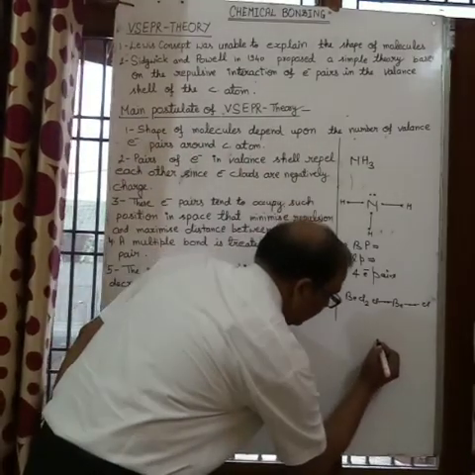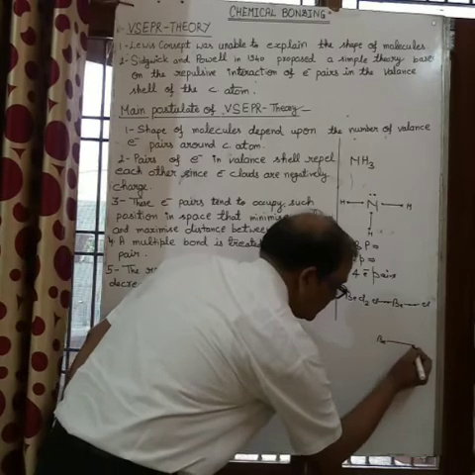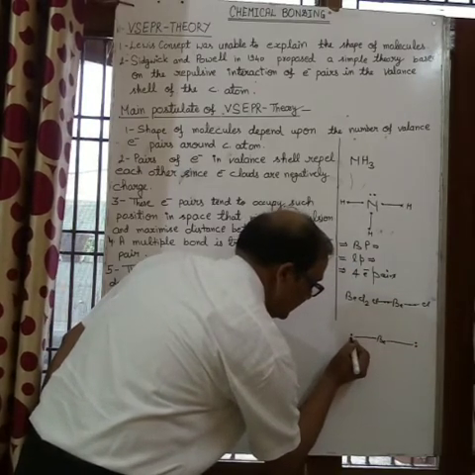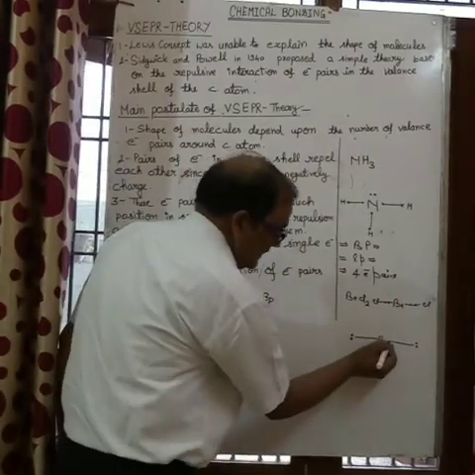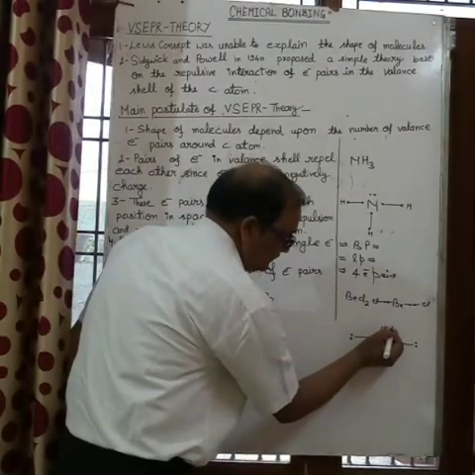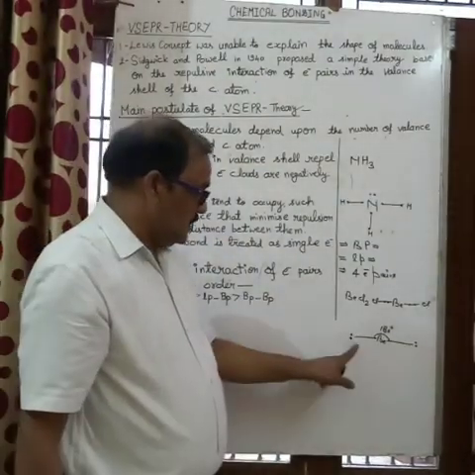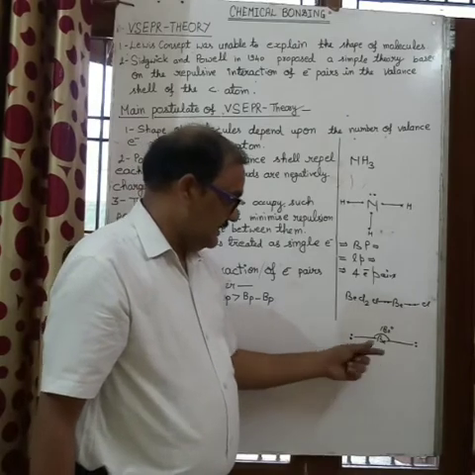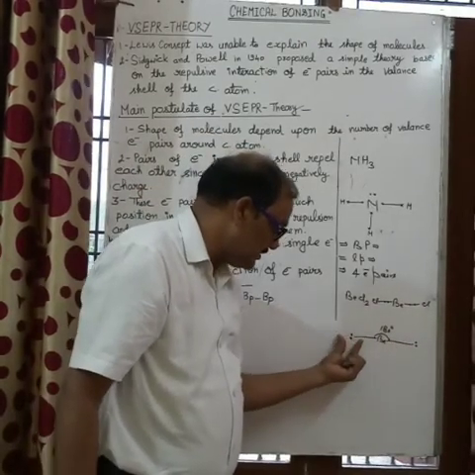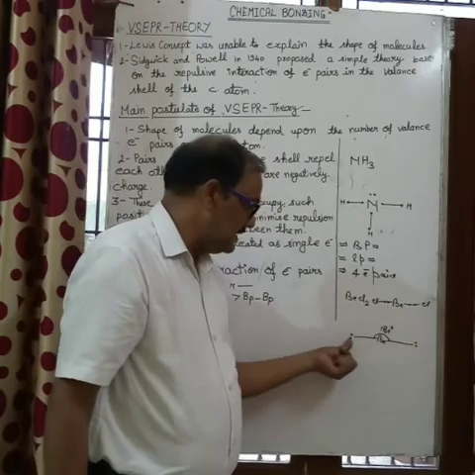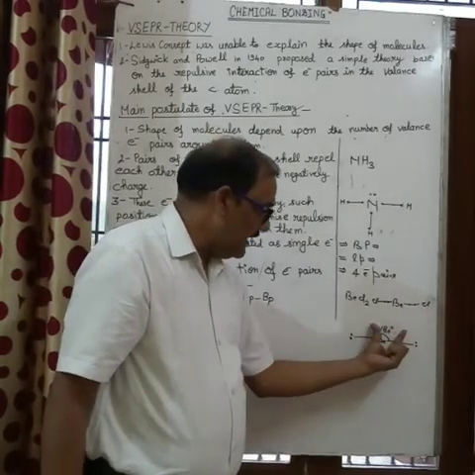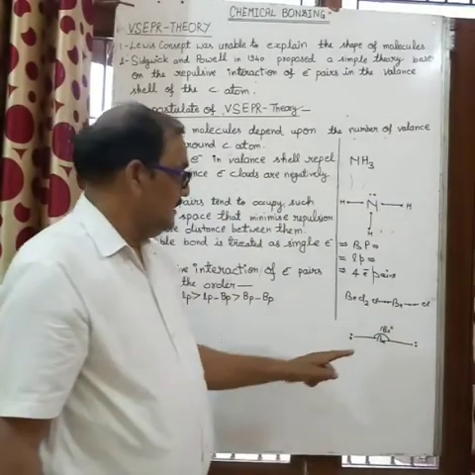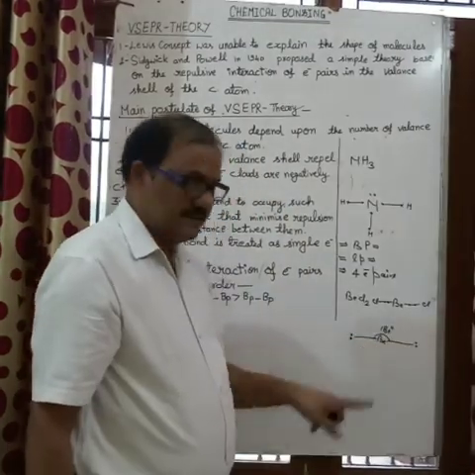If these 2 pairs are located linearly, at 180 degrees, diagonal to each other, then at this condition there is minimum repulsion and maximum distance.